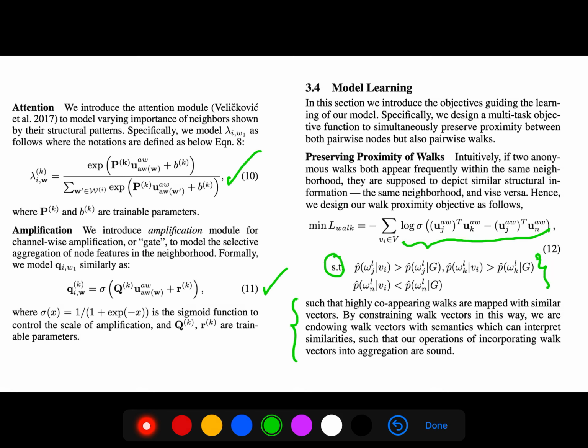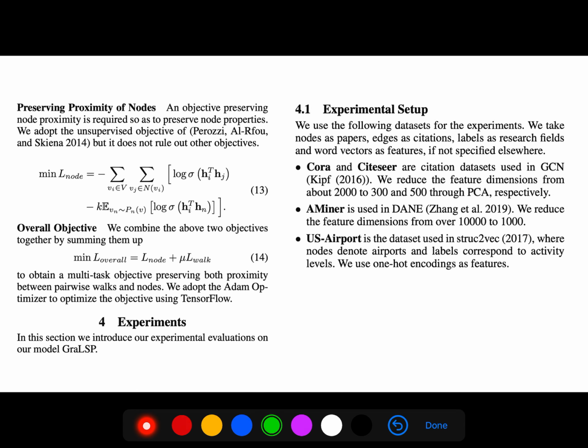By constraining walk vectors in this way, we are endowing walk vectors with semantics which can interpret similarities, such that our operations of incorporating walk vectors into aggregation are sound. So as I said, we just sum the node loss and the walk loss.